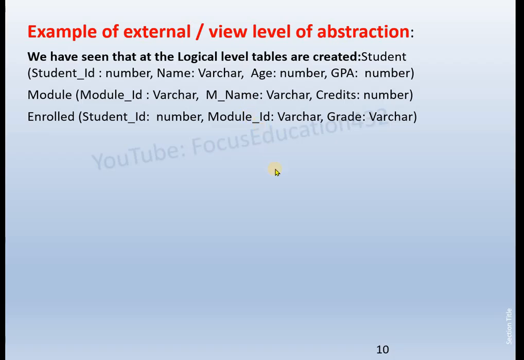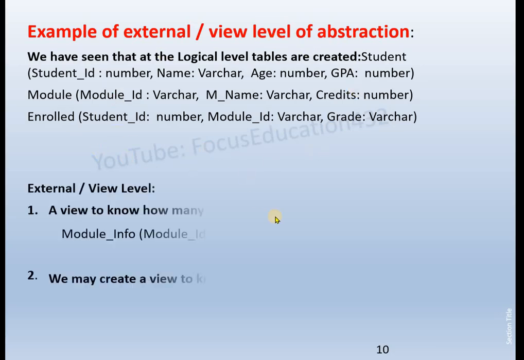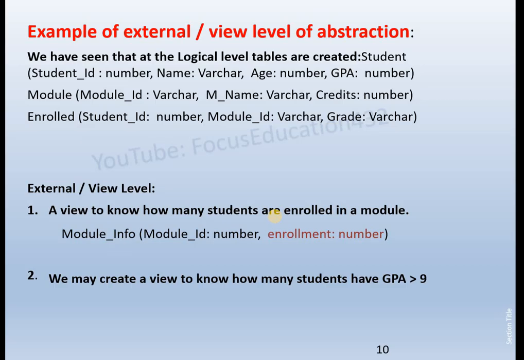But if someone wants to see only the count of students enrolled in a particular module, for example, how many students are studying DBMS, for that we need a view. We need a different type of information that is not available here. For that, a view is created by the DBA, and that access is given to the user. So a view to know how many students are enrolled in a module.